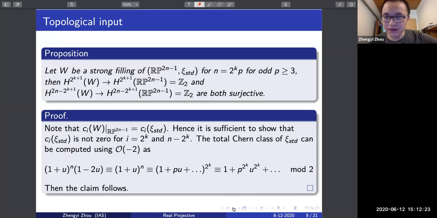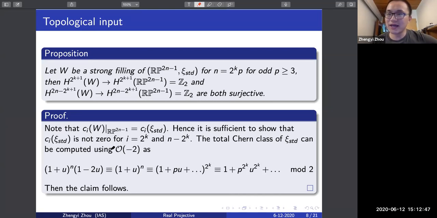And for this, we can use a natural filling, which is the total space of the degree -2 bundle, whose total Chern class is computed by (1+u)^n times (1-2u). And we need to understand the map restricting to the boundary, but this is just a degree -2 circle bundle over CP^{n-1}. So this restriction map is basically a mod 2 map.